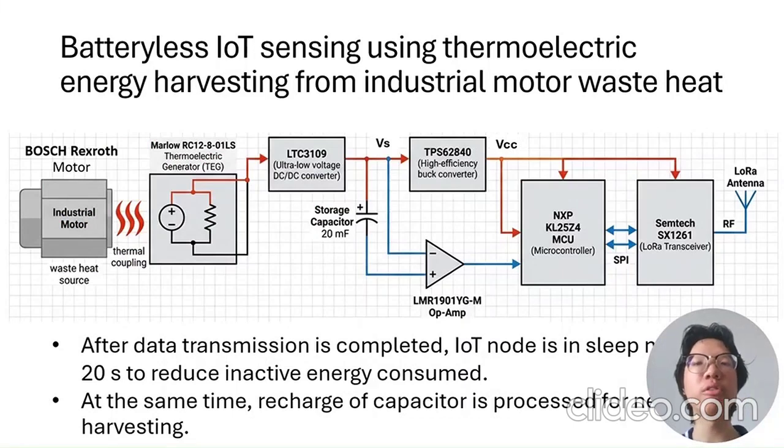This is the overall circuit-level diagram, starting from the motor to the transceiver connection. After data transmission is complete, the IoT node is in sleep mode for 20 seconds to reduce inactive energy consumption. At the same time, the capacitor is recharged for the next energy harvesting.